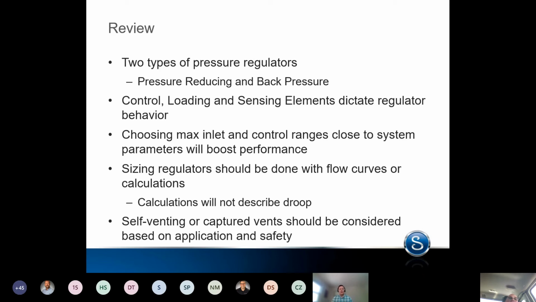And in terms of self-venting versus captured vents, those should be considered based on what your application is and what kind of safety implications releasing that gas would imply. Those are always important things to think about when you're thinking about system functionality. With that, that kind of wraps us up here.